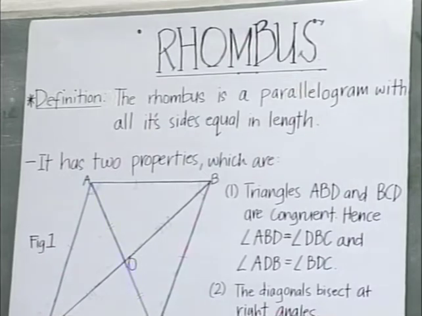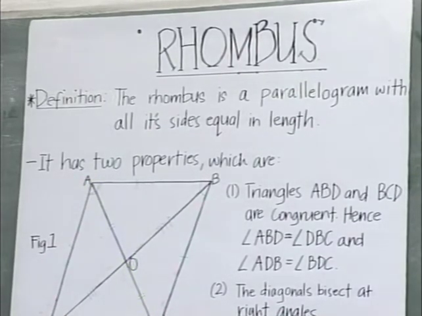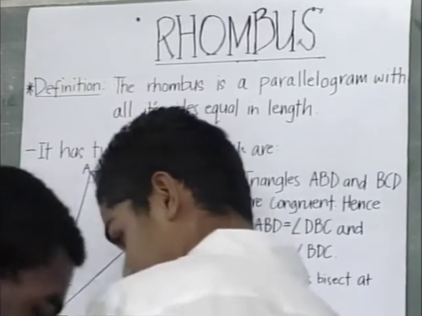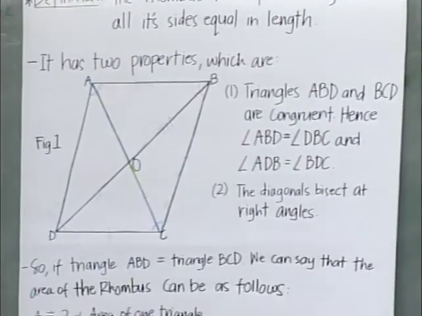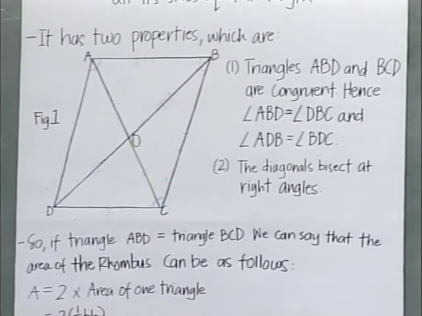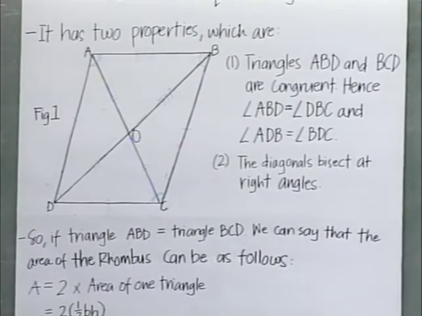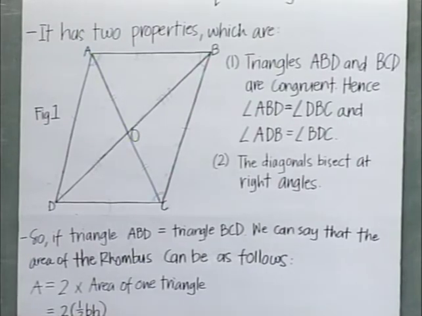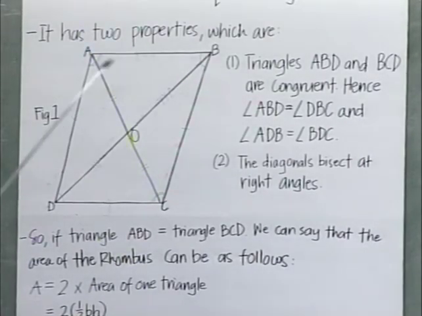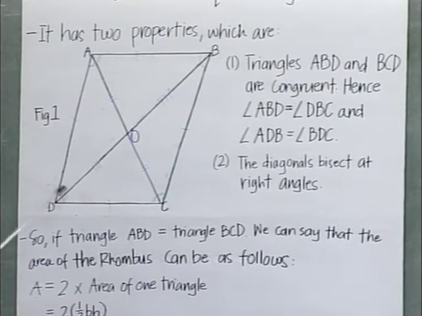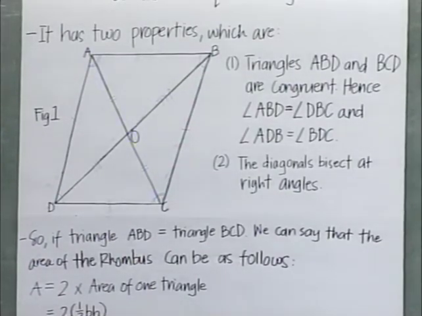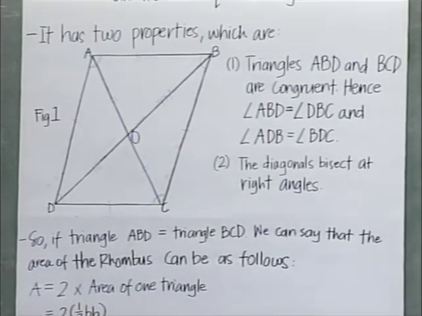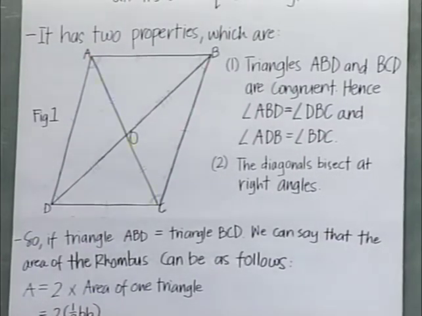This leads us to two further properties. Property one: triangles ABD and BCD are congruent. Hence, triangle ABD equals triangle DBC, and angle ADB is equal to angle BDC.